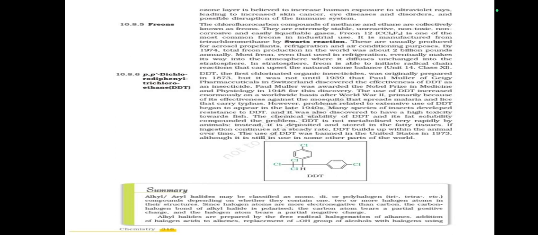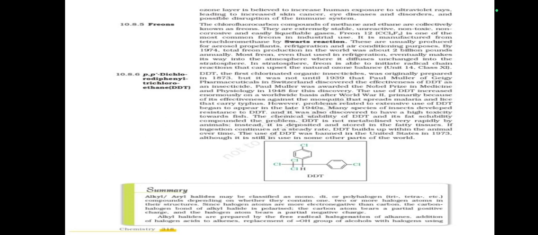Summary. Summary of haloalkanes and haloarenes. Alkyl and aryl halides may be classified as mono, di, and polyhalogen (tri, tetra, etc.) compounds depending on whether they contain one, two or more halogen atoms in their structures. Since halogen atoms are more electronegative than carbon, the carbon-halogen bond of alkyl halide is polarized.